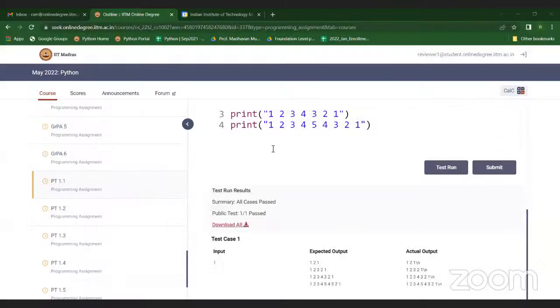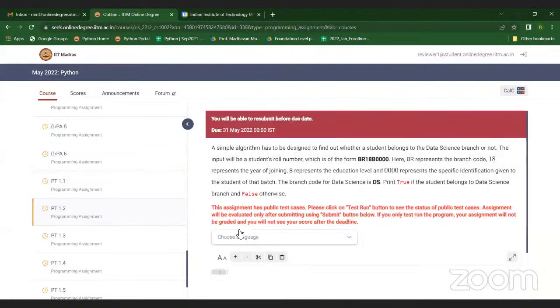Sir, I have one little confusion about CodeChef, that I failed to register. Questions won't be answered here. CodeChef questions won't be answered here. Where, sir, how to participate in the CodeChef contest? CodeChef contest questions won't be answered here. You just follow the instructions that were mentioned there, or else if you have any other doubts, just mention them in the Discord. All right. Okay, sir.